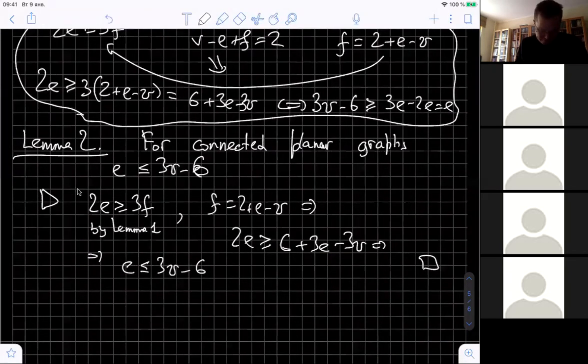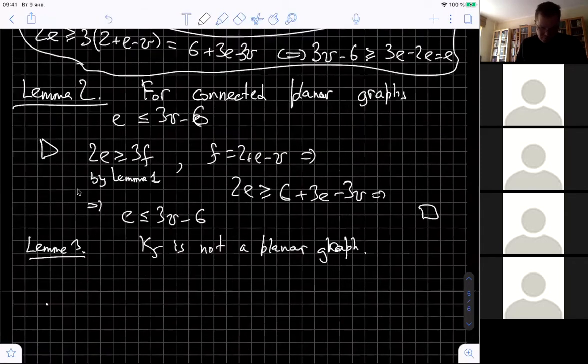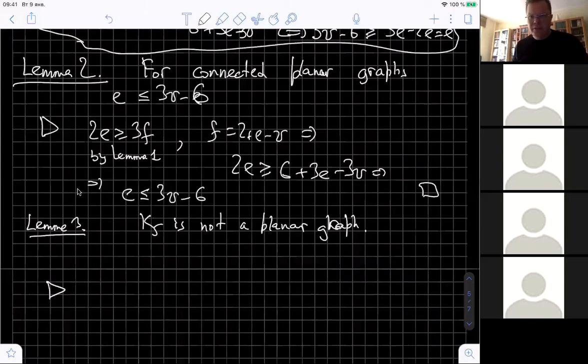Okay, let's use it for the K5 graph. How many edges do you have in the K5 graph, and how many vertices do we have?